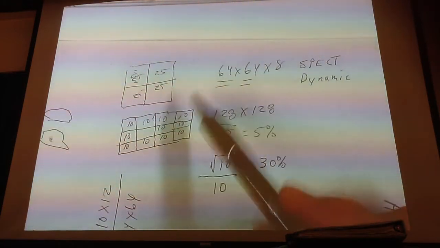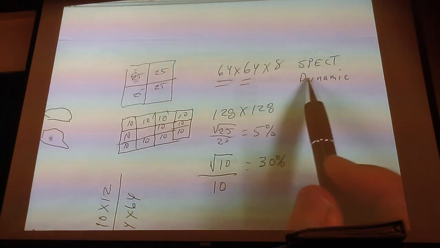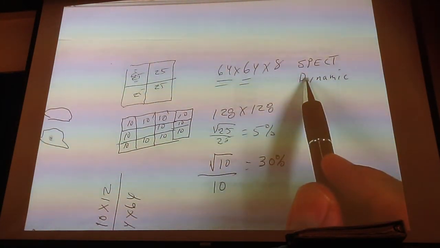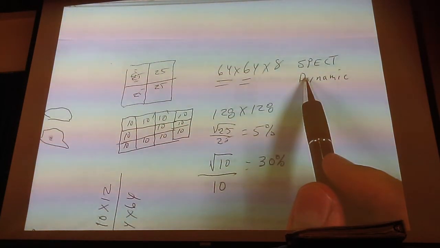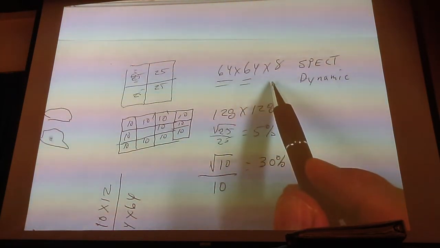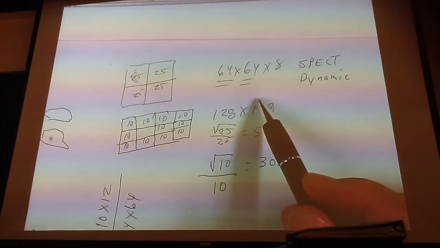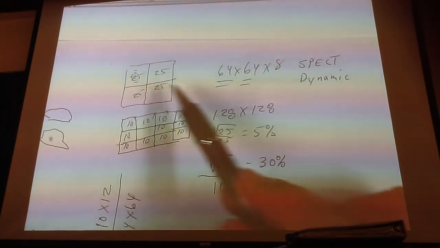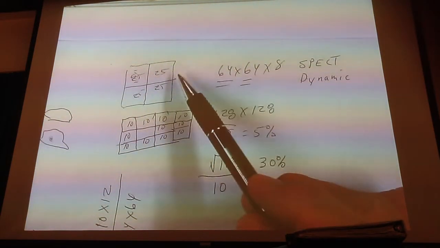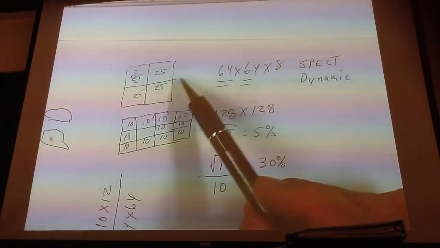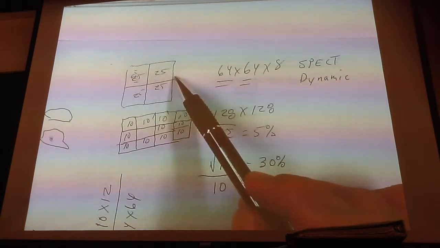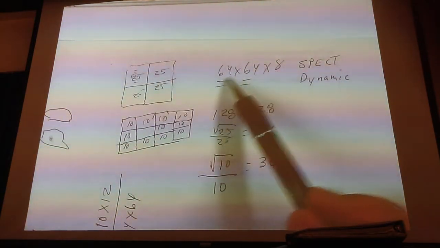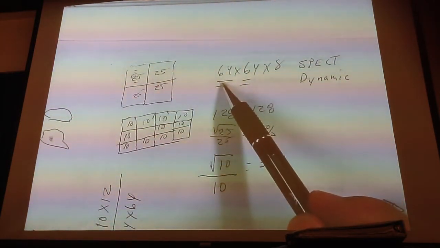Whenever we do a SPECT study, are we getting a lot of counts? That's right. I'm looking at it for maybe 25, 30 seconds at the most, so I may be getting 30,000 counts. So whenever I'm having low counts, I have to eliminate as much statistical unreliability as I can by using a smaller matrix size.